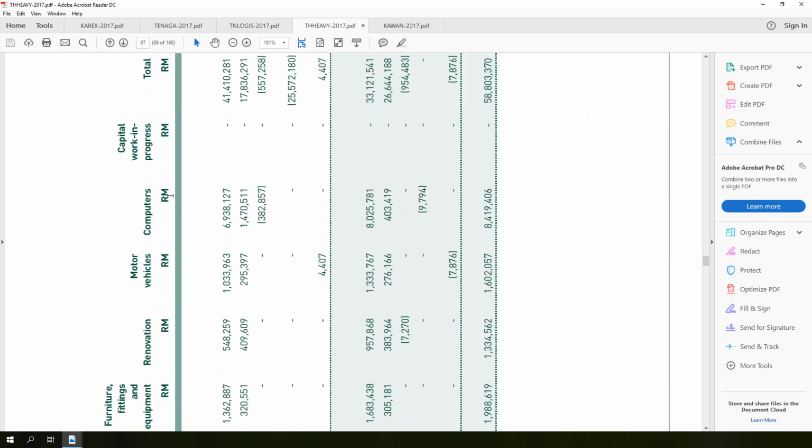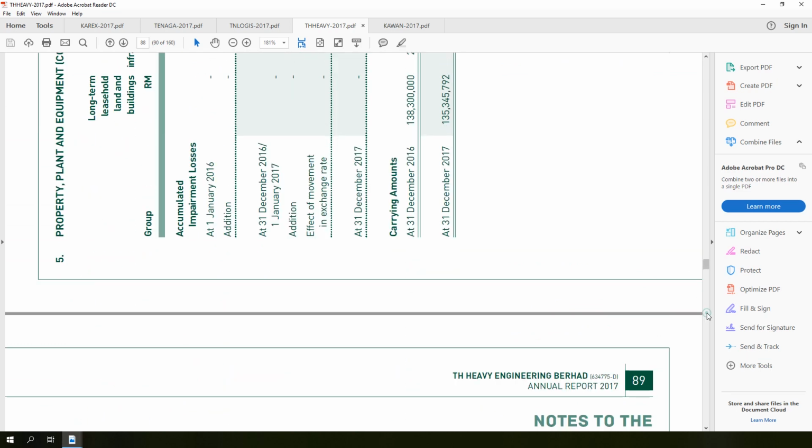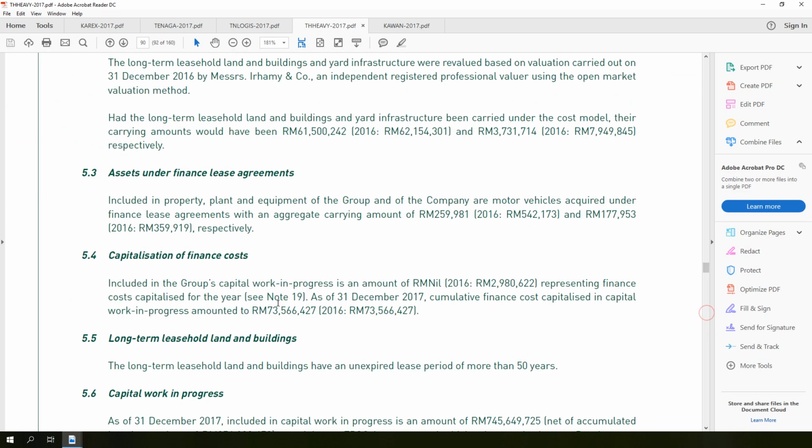Disclosure of the capitalized interest is in footnote 5.4. Included in the group's capital work in progress is an amount of nil representing finance costs capitalized for the year.